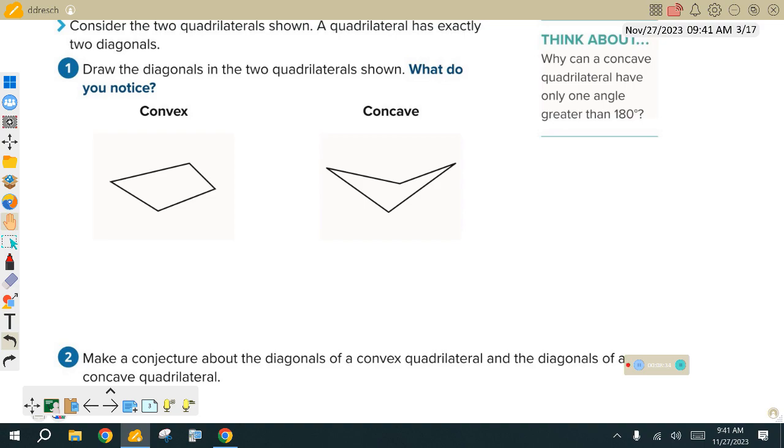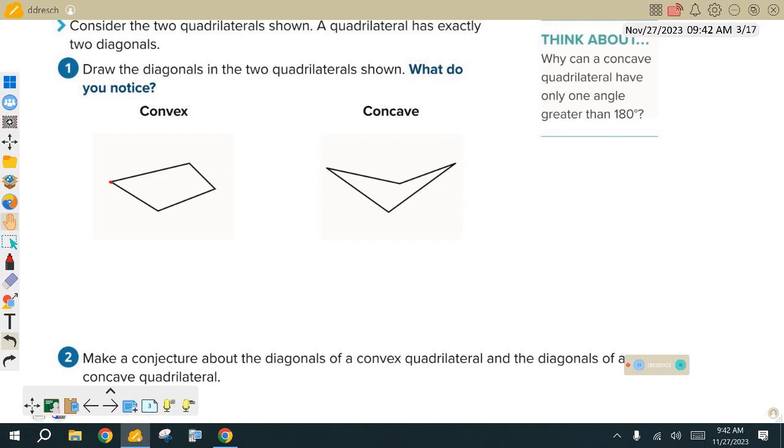All right, so let's draw in our diagonals for each of these 2 polygons. For the convex, draw me in the diagonals. Where's the diagonals at? Vertex to opposite vertex, right? We're going to need protractors today, so I'm going to pass them out to you. We're going to use the protractors not for measuring angles today, but just as straight edges.